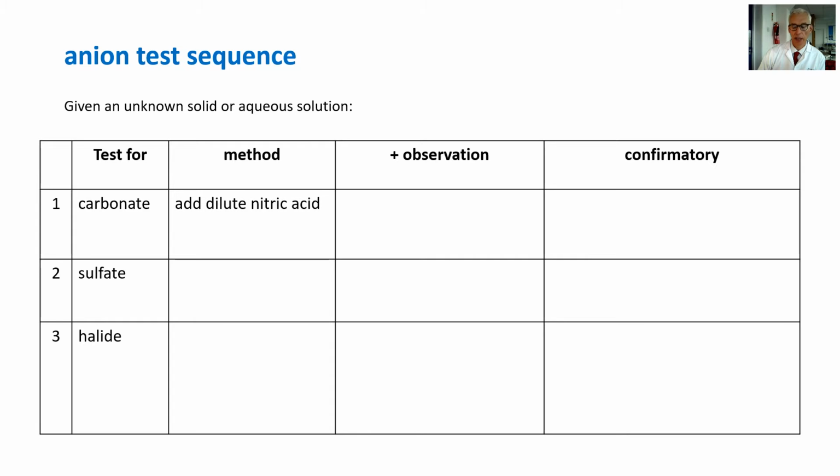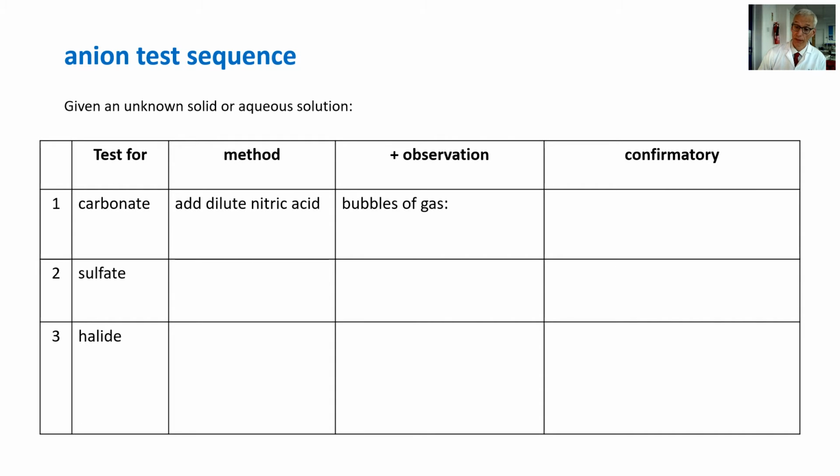You add dilute nitric acid. The positive observation, if there is a carbonate present, is that there are bubbles of gas. Pause the lesson and write an equation for the production of that gas from a carbonate and nitric acid. Come back when you're ready.